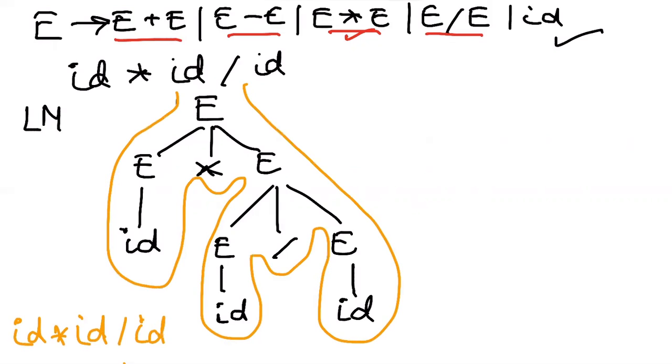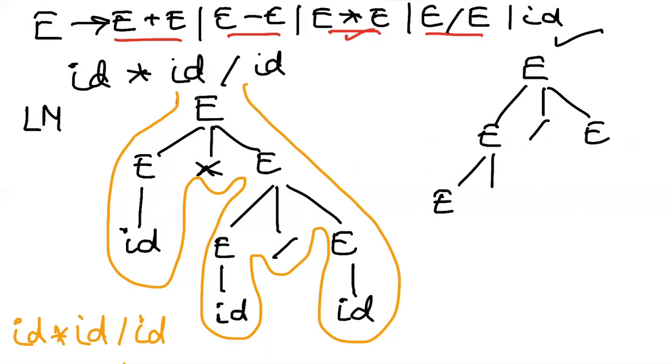Now let me have another derivation for the same string. Let me draw another parse tree. Let's see if it is possible. So again, I start with the start symbol E. Okay. And now instead of using E into E, I use this production, E divided by E. Okay. Now again, I'm doing a leftmost derivation. So I take this leftmost and then I expand it like this, E into E. Okay.